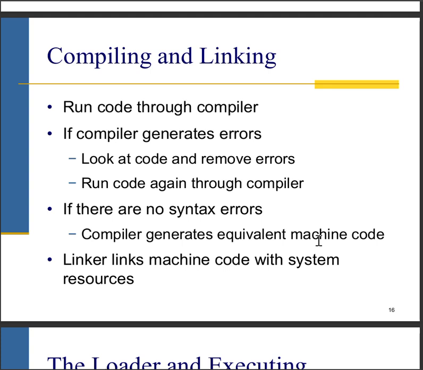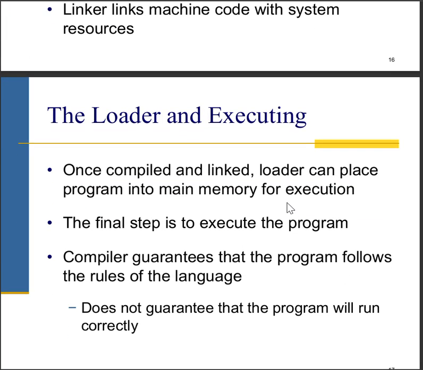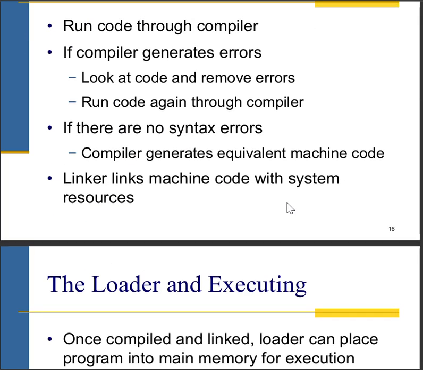If there are errors, we fix them. Once it compiles without error, the linker will connect it with system resources and produce an executable. That's basically the compiling and linking.